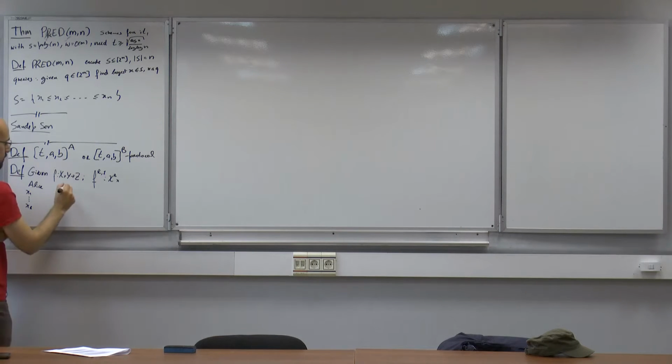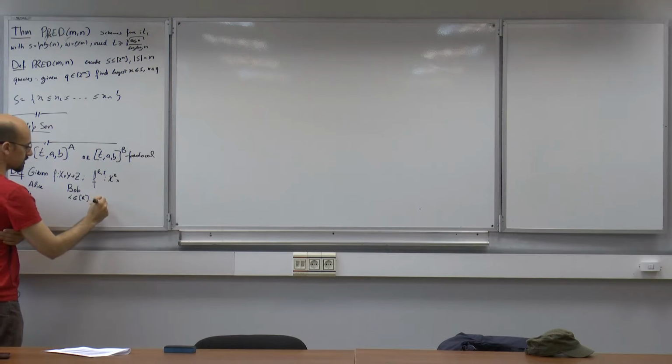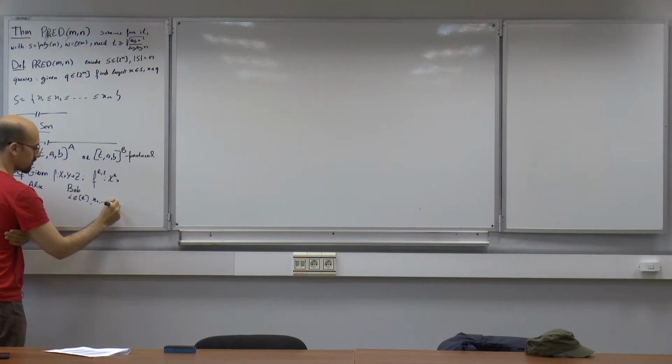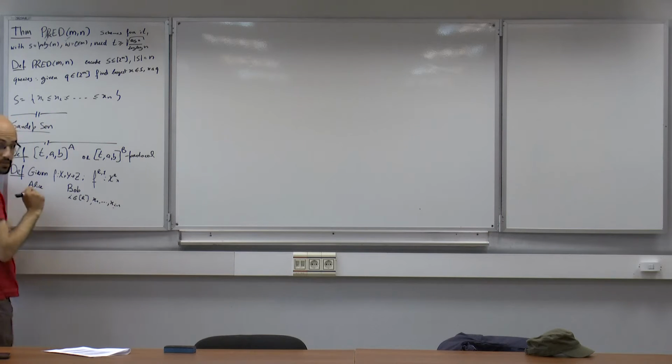Bob gets an index i in [r], the very same first i minus 1 instances, x1 up to x_{i-1}, and some string y.